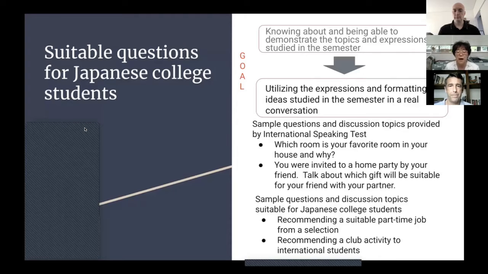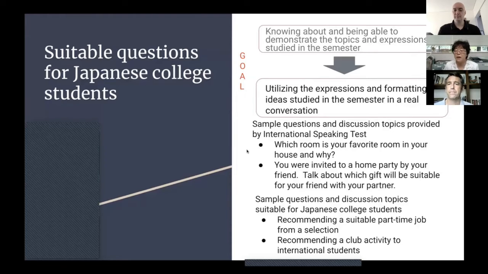But when you look at the international speaking test, here are some sample questions. Which room is your favorite room in your house and why? Well, many students live in a one-room apartment. Which room? I've got only one room and a bathroom. Kitchen and even the living room together.